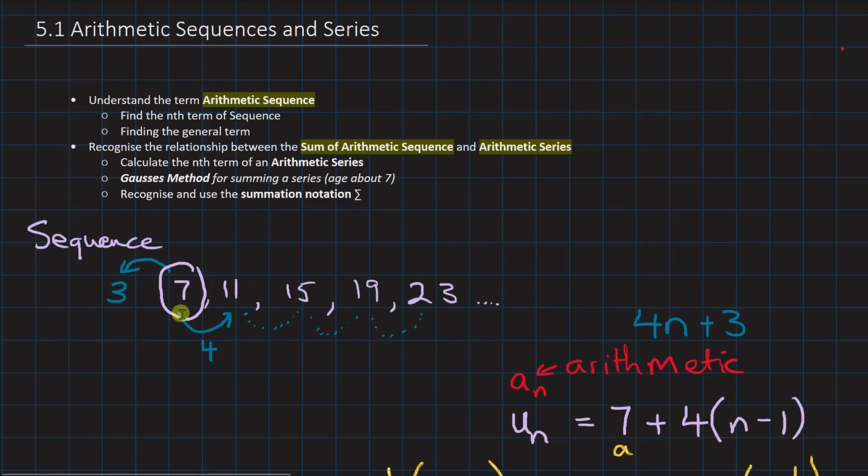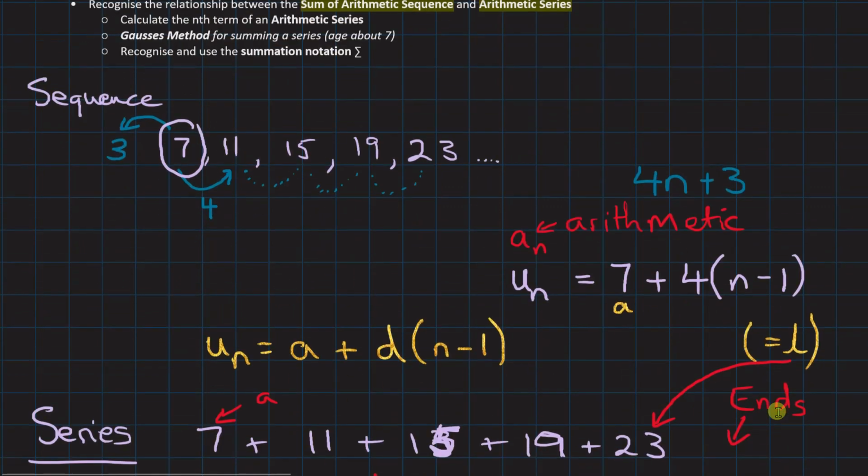To get to term 3, we've got to add 4 twice. So we're always going for the term number less 1. So that's what this formula is saying: to get to this term, I start at the beginning, I add the difference, and I make one less step than the position I want to get to, because we're already in position 1.